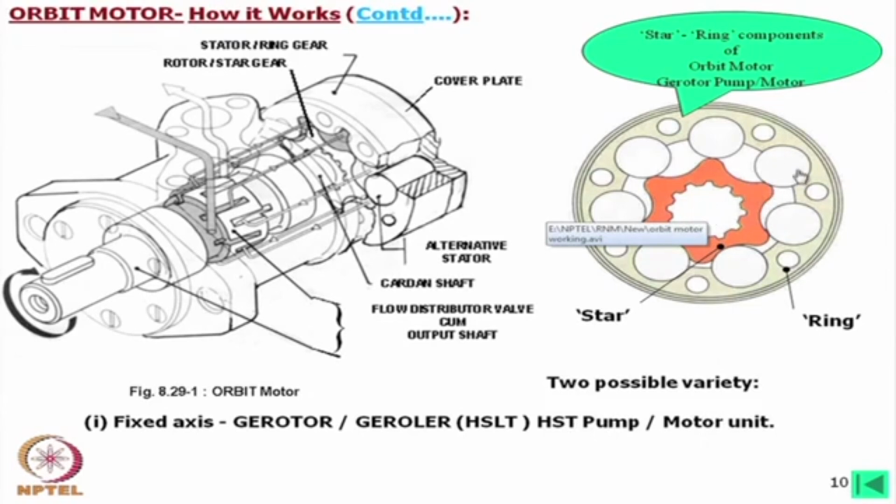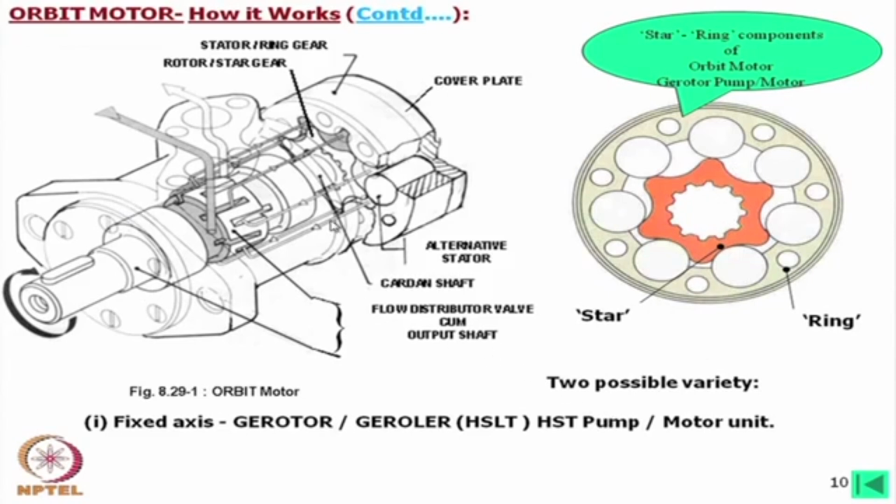Usually a shaft is connected here, the shaft is rotated, and this is also allowed to rotate about its own body, and then you will find these chambers varying. We need not use a Cardan shaft in that case. Usually the outer member, the gerotor or G roller, remains fixed, and it can be used as a pump and motor, because motor action is just the reverse action of the pump.